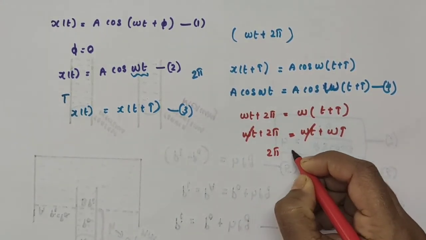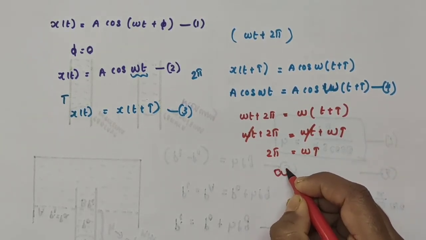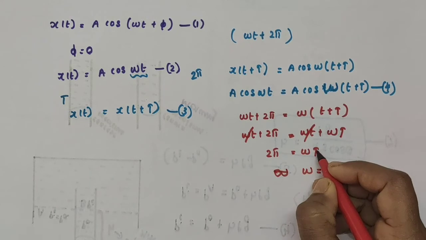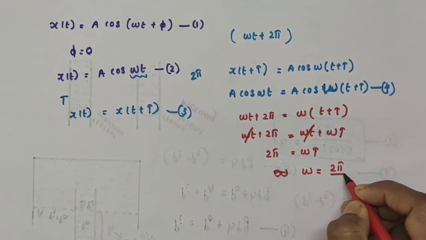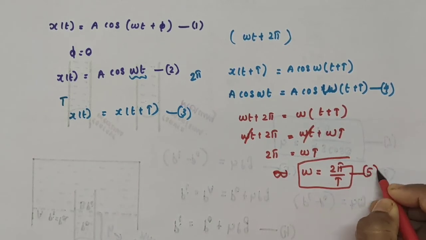So we have 2 pi is equal to omega T, or we can write omega, taking T to this side, that goes to the denominator, as omega is equal to 2 pi by T. I'm taking this as equation number 5.